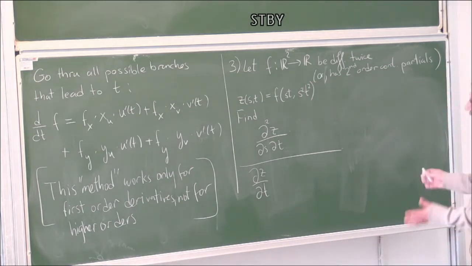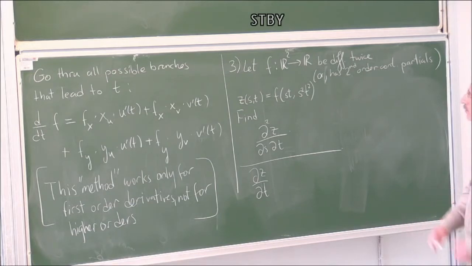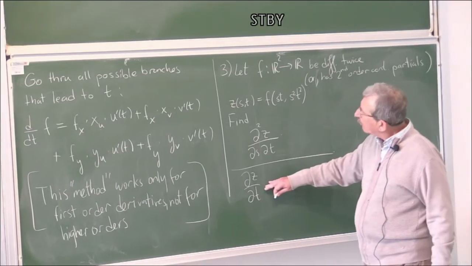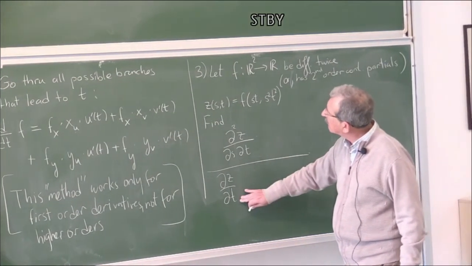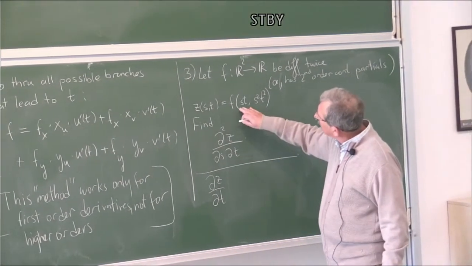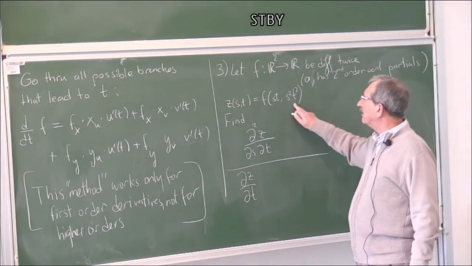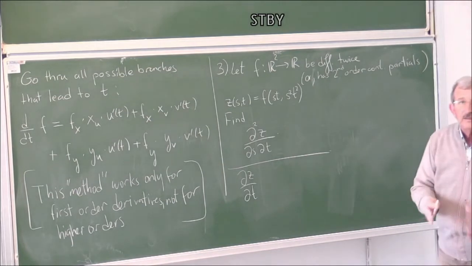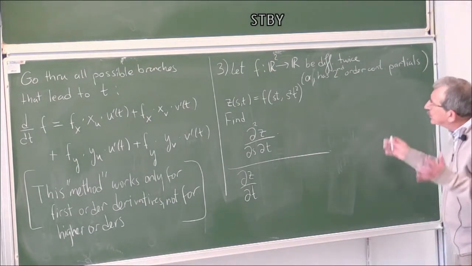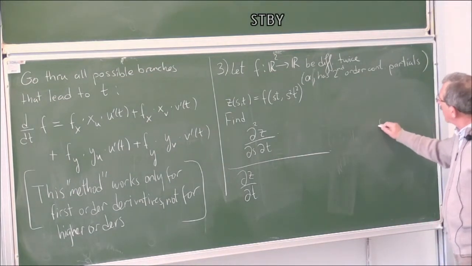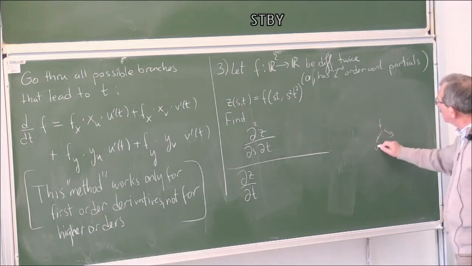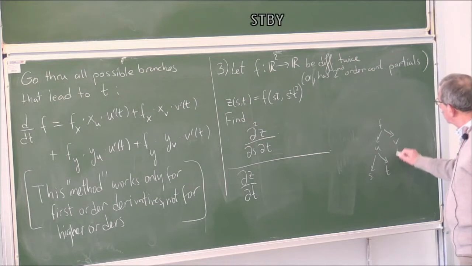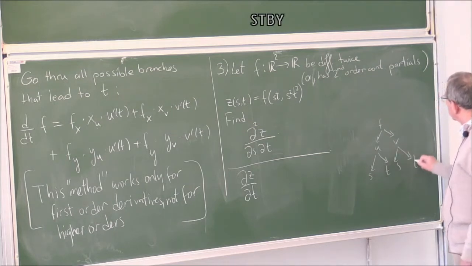But this, of course, is a chain rule, and it's a total derivative formula, but z is not a function of t, actually it is, but f is not a function of t directly, so we have to modify it a little bit. You can use a tree, for example, f depends on 2 variables, and they depend on s and t, s and t.